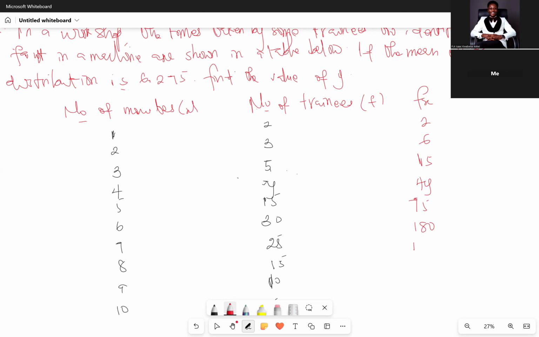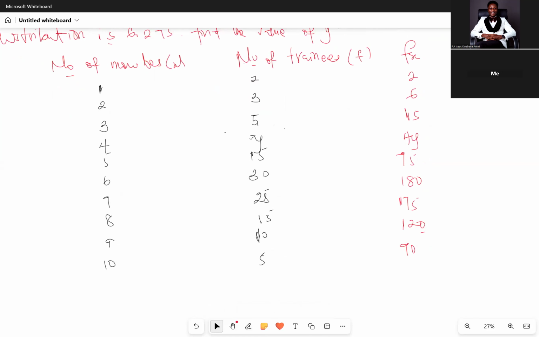We have 8 times 15, which is 120. Then 90, and 50.